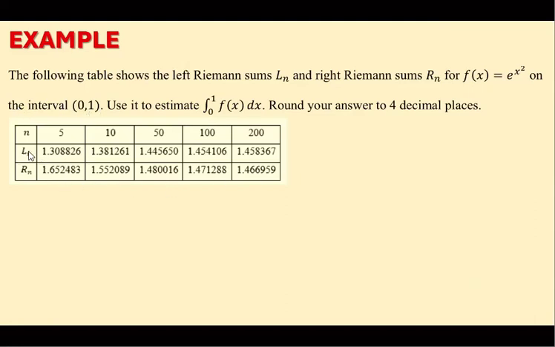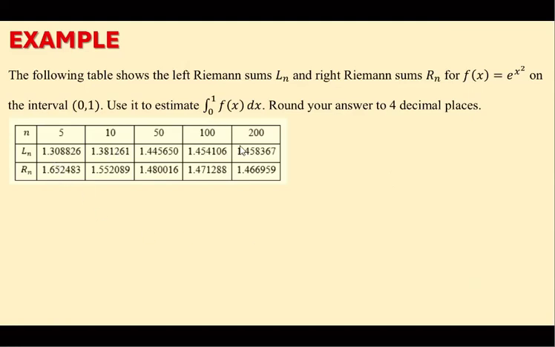You can see left Riemann sums are here, right Riemann sums are here, for different values of n: n equal to 5, n equal to 10, n equal to 50, n equal to 100, and n equal to 200. So we are asked to use it to estimate the value of the definite integral from 0 through 1 of that function, and we are asked to round our answer to 4 decimal places.